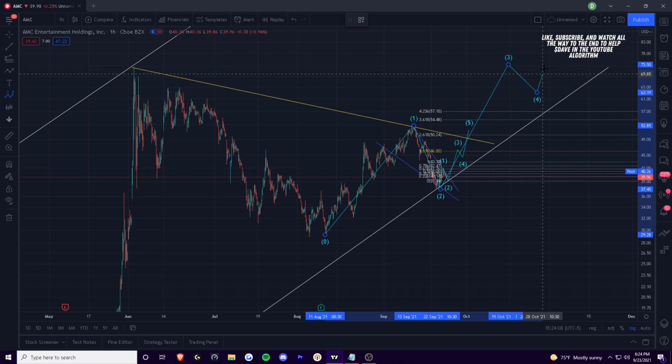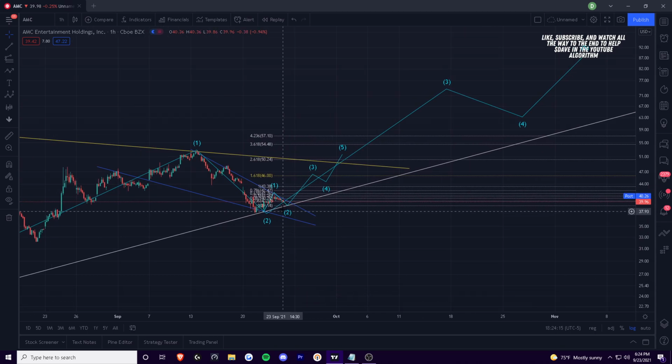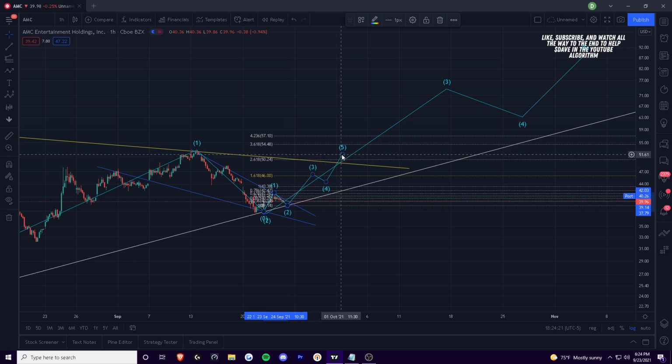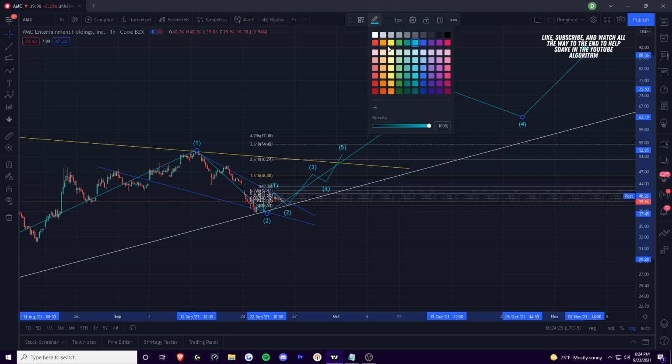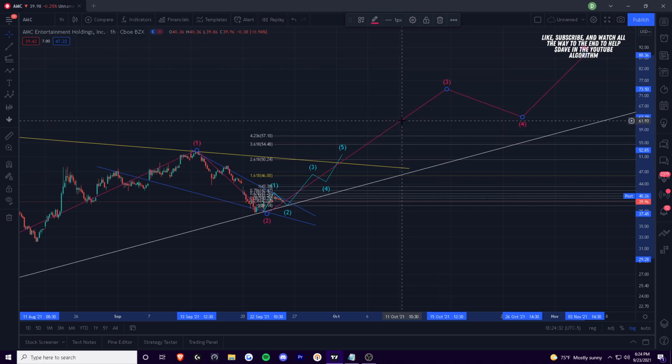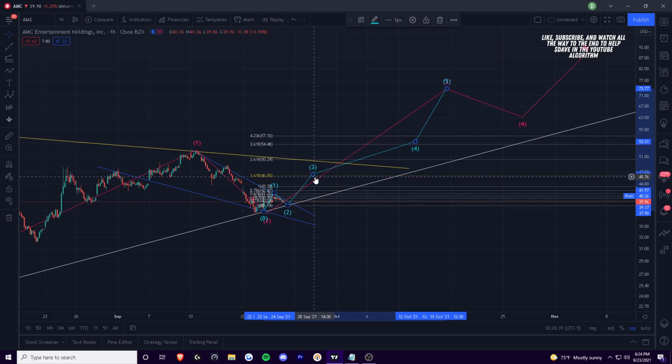Now that I'm looking at it, you could be looking at a pretty explosive move here, because this would be wave one. Yeah, so I'm sorry, I'm trying to keep track here. So this is the major move that you could see. I'm gonna make that pink. And then within that major move, you have a sub move.